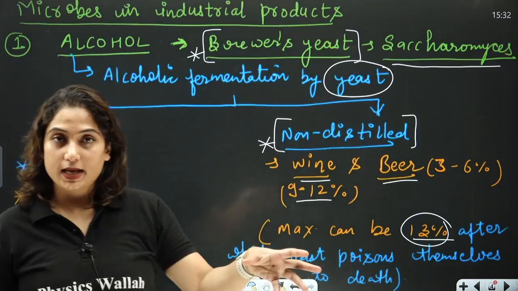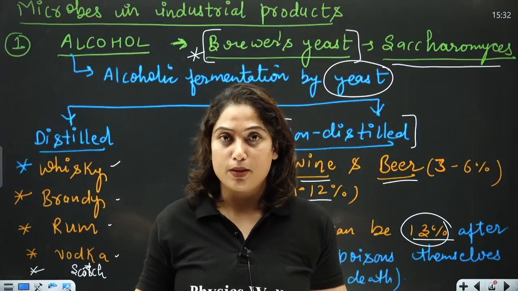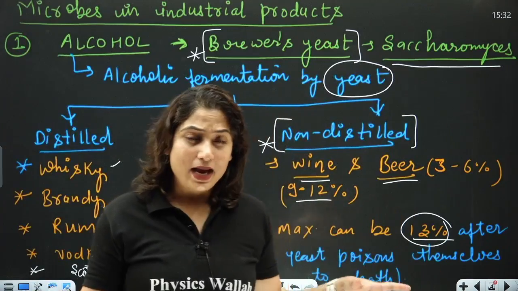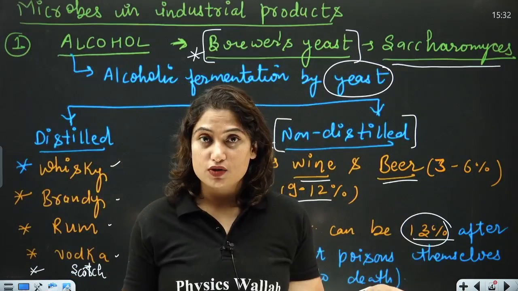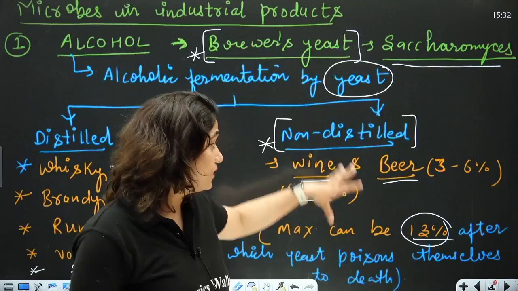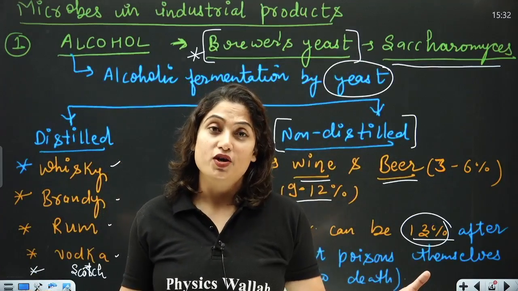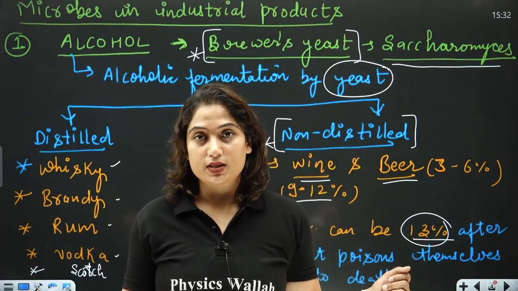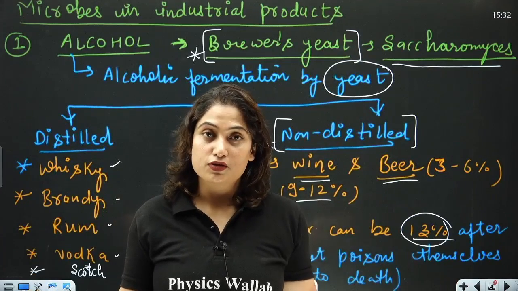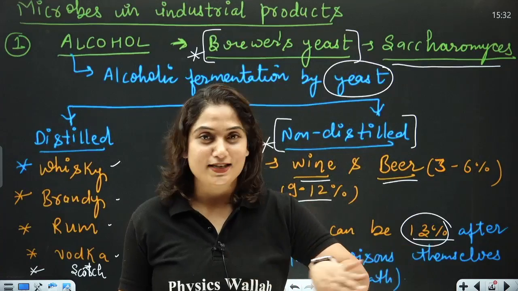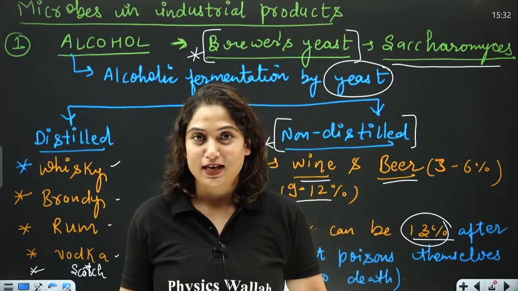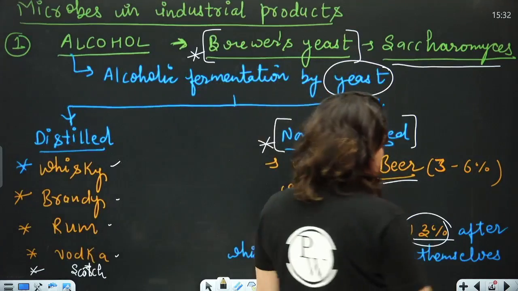What is non-distilled alcohol, what are the examples of distilled alcohols, and what is the maximum concentration of alcohol that can be present in the non-distilled alcohols. So you will say 13%. If the question asks the reason, you will say after 13% concentration of alcohol, yeast dies itself. Yeast dies. Okay, that is why.